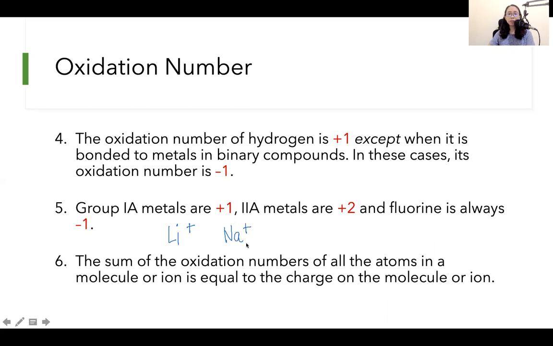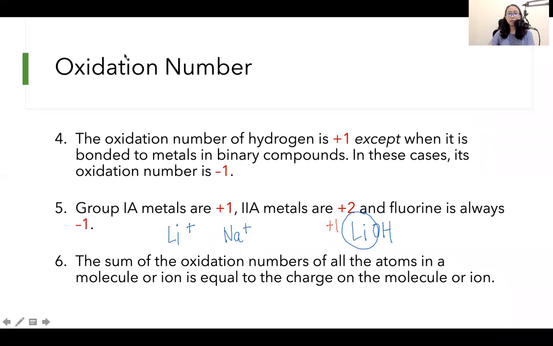So, if you see a compound like lithium hydroxide, so you see lithium there. It's not a free element because it is combined with other elements. So, by rule number 5, automatically, you know that the oxidation number of lithium here is positive 1.